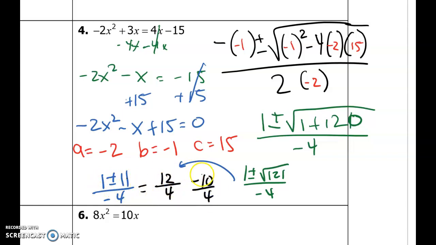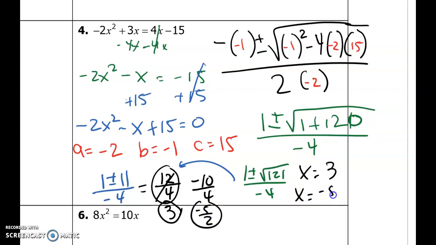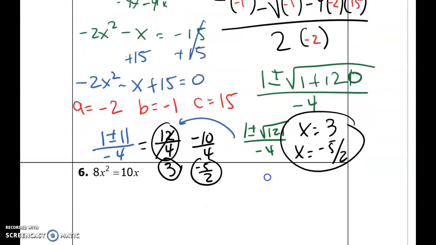So my two answers here are going to be 3, because this reduces to 3, and here is going to be negative 5 over 2. So my two solutions are x equals 3 and x equals negative 5 over 2. So I'm going to go ahead and move on to our next example.